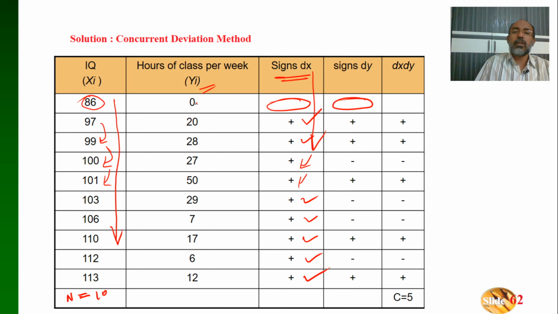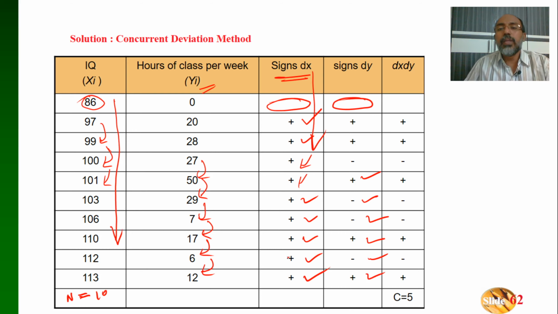Then 0 compared to 20 is a plus value. 20 to 28, an increase of 8, plus value. 28 to 27 decreased by 1, minus value. 27 to 50, plus value. 50 to 29, minus value. 29 to 7 is a decrease. Then 7 to 17 is an increase again, then a decrease, then an increase, 6 to 12.